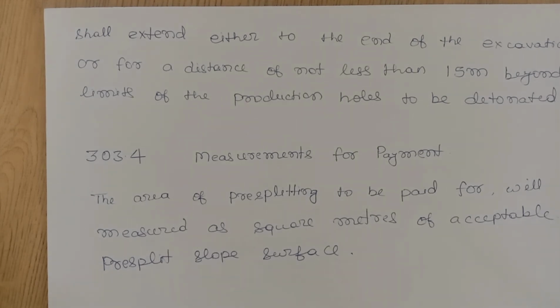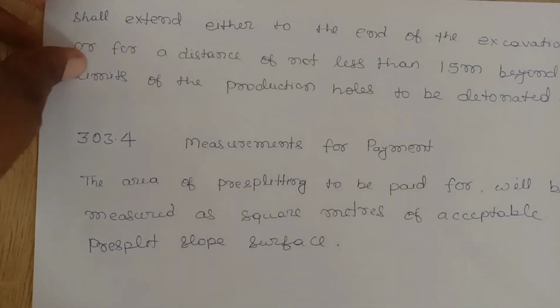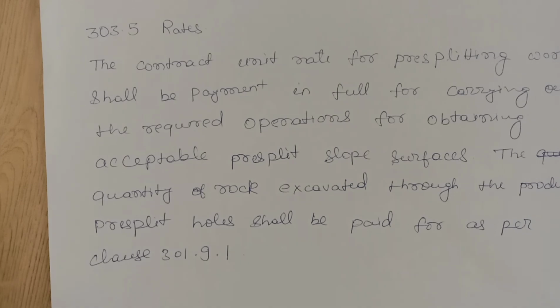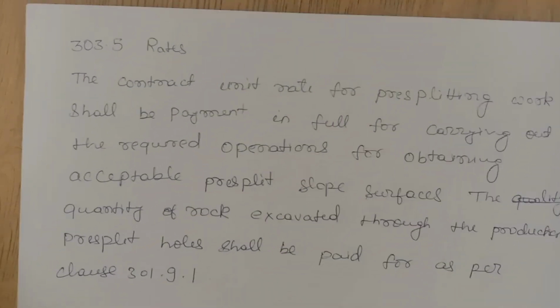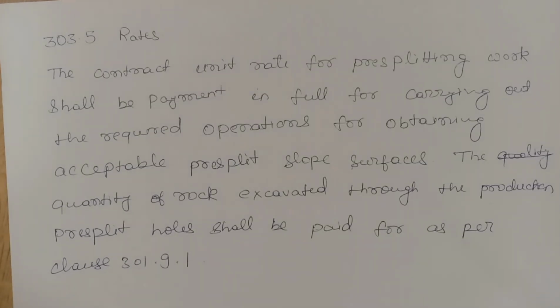303.4 Measurement for Payment. The area of pre-split to be paid for will be measured as square meters of acceptable pre-split slope surface. 303.5 Rates.